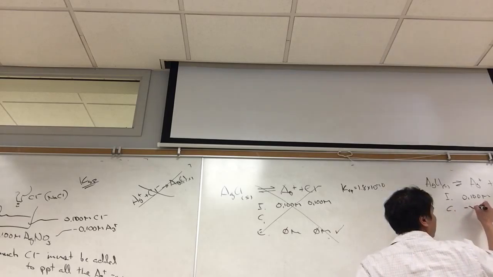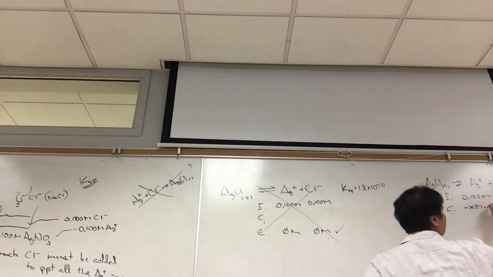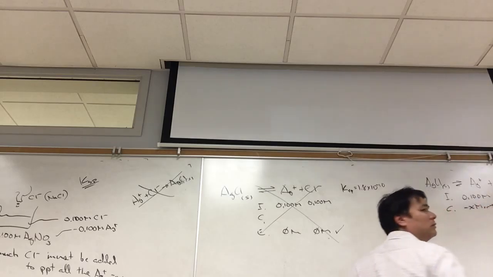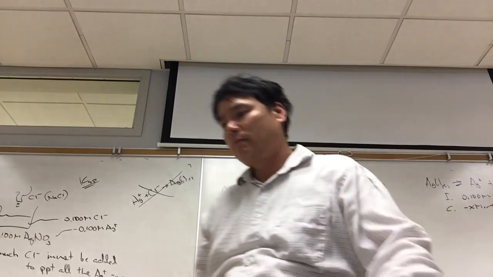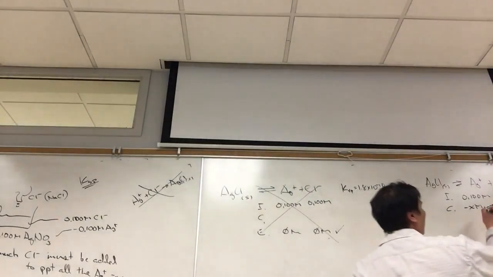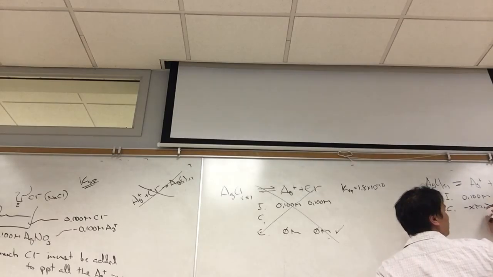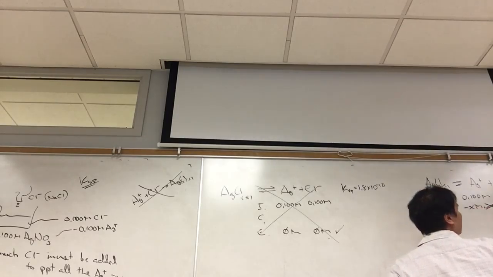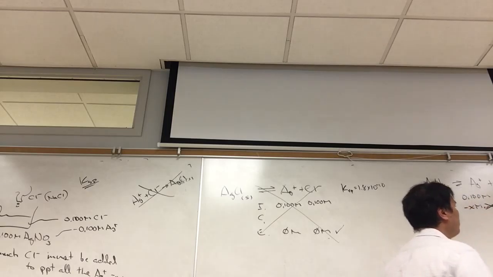And so I'm going to lose minus X molar. In this case, it's got to be minus X, because S is for the solubility. Solubility is the maximum amount dissolving. We aren't dissolving anything, we're precipitating. And so this is the amount precipitated, or concentration precipitated.